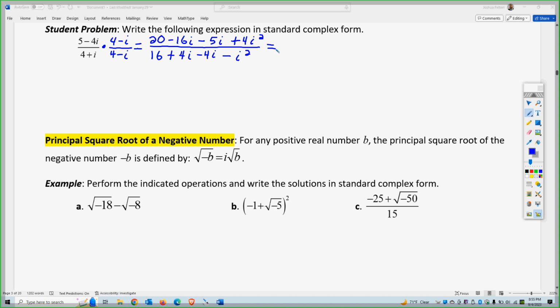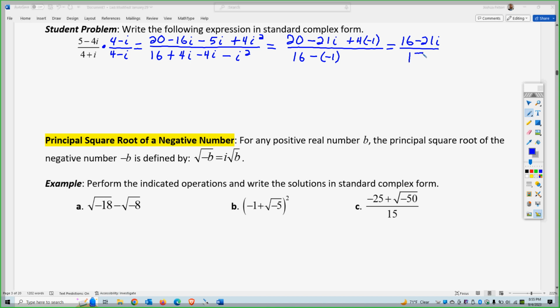Okay, so we simplify now. I get 20 minus 21i plus 4 times, and we can substitute out the i squared. And on the bottom, I get 16 minus -1, because the 4i's cancel. So on the top, it's really minus 4 from 20, right? So I get 16 minus 21i. And on the bottom, I'm just going to get 17.